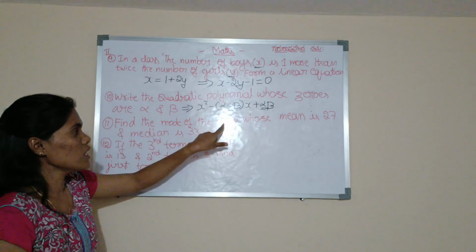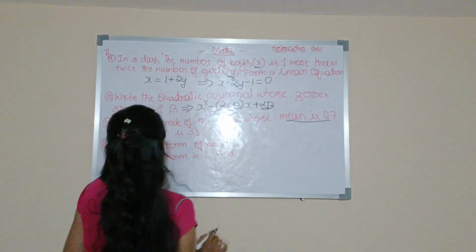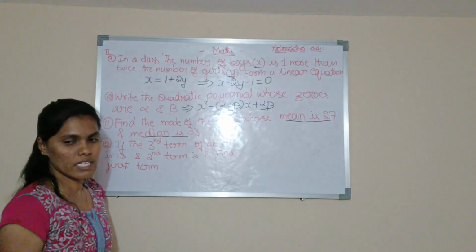Find the mode of the data whose mean is 27 and median is 23.